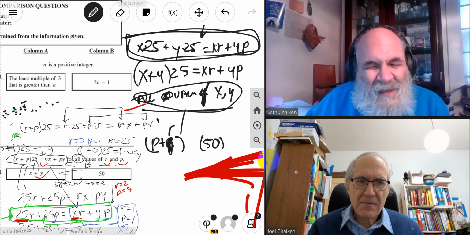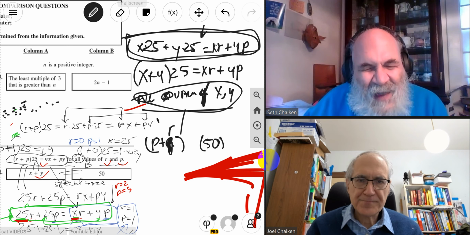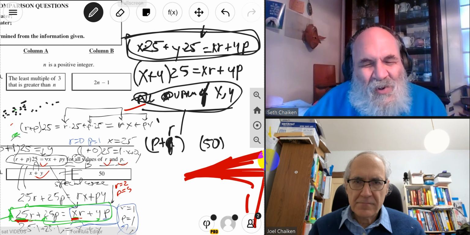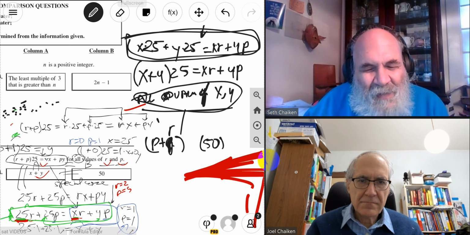When you take that seriously, it means that you could pick any value of R and any value of P that you want. And the given will tell you something about the data.